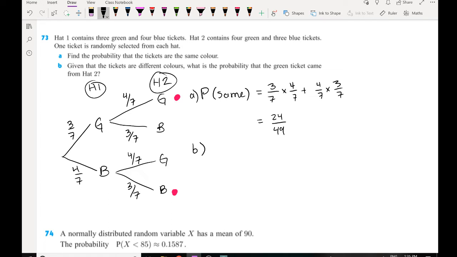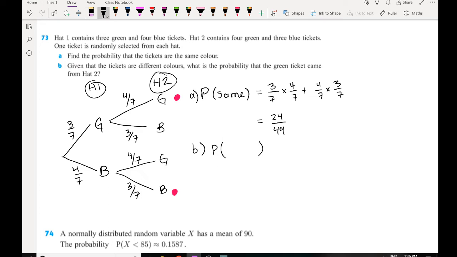Given that the tickets are different colors, what is the probability that the green ticket came from hat 2? Oh, that's interesting. Okay, so given that the tickets are different colors, what's the probability that the green ticket came from hat 2? So we're looking at basically that the second one, oh, this is worded so oddly that I'm actually wondering if it's easier than I'm thinking it is.